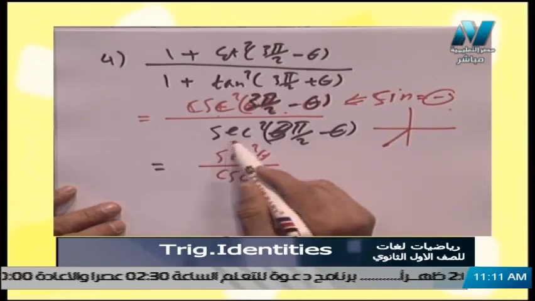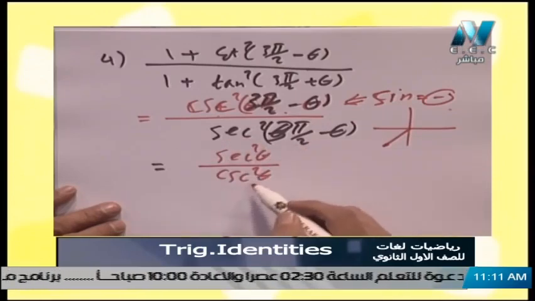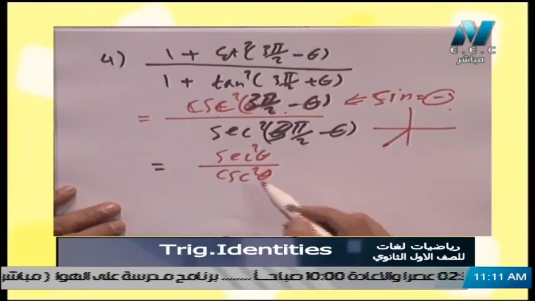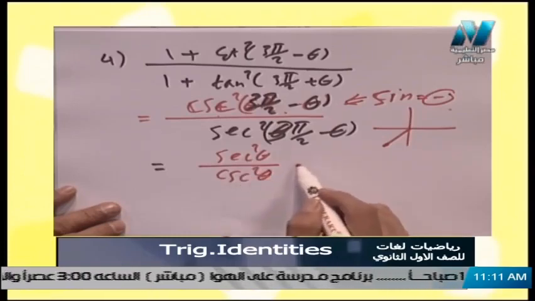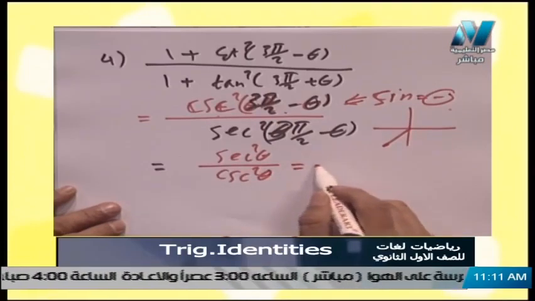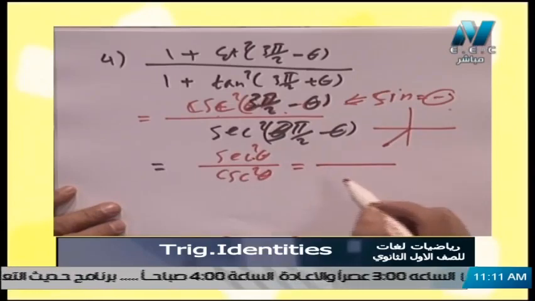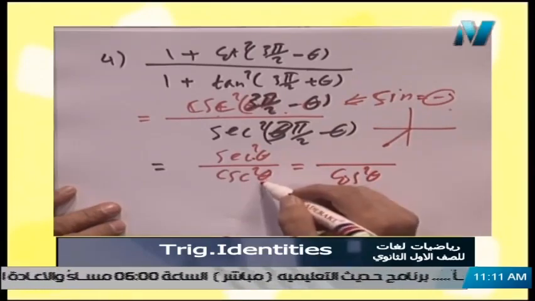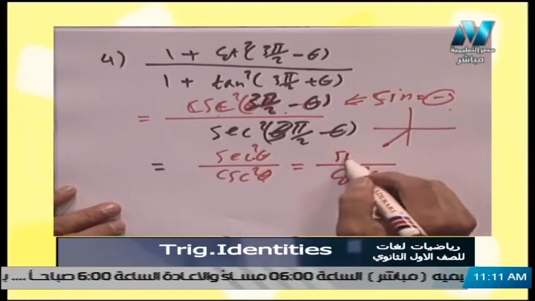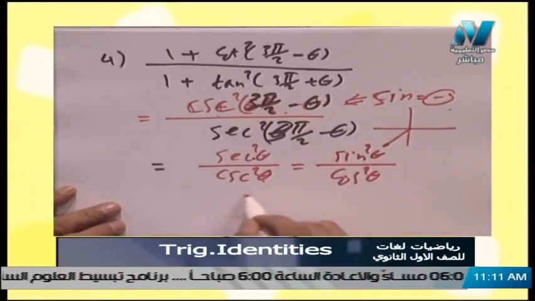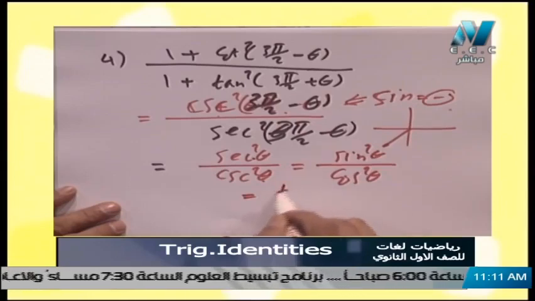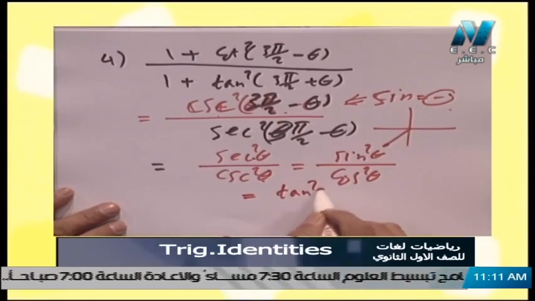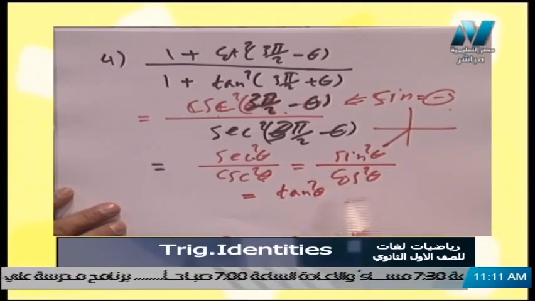So sec power 2 over cosec power 2 means cosine power 2 theta over sine power 2 theta, which is tan power 2 theta in the simplest form.